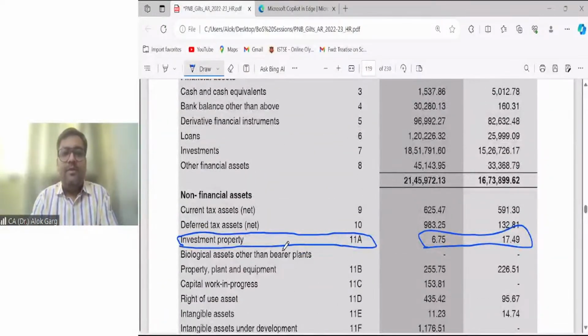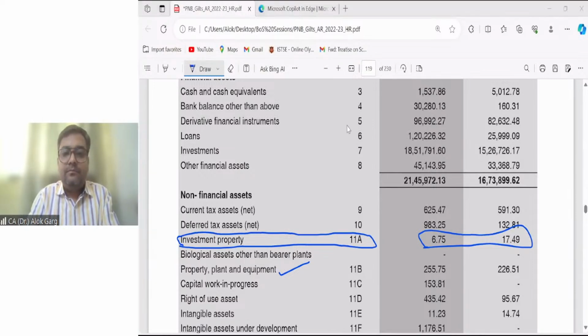So investment property is shown separately, other than property, plant and equipment, right? Friends, I hope this annual report is visible and you are able to see this classification on the face of the balance sheet, right?